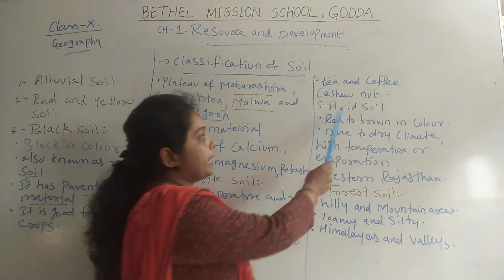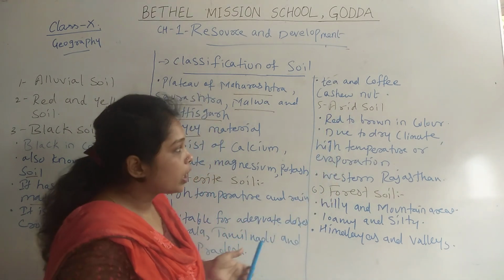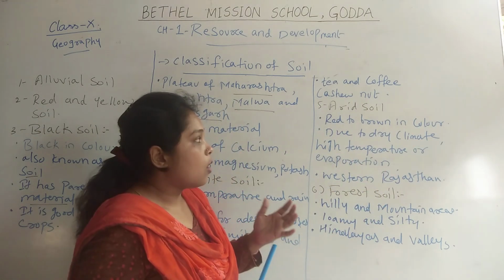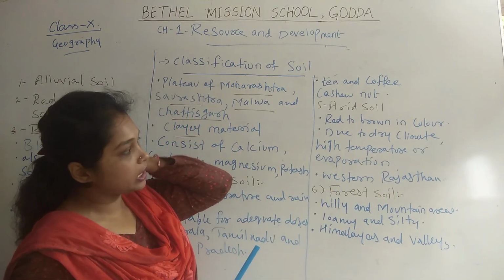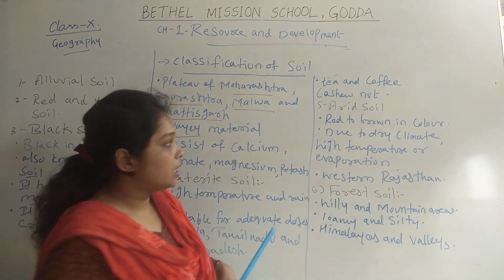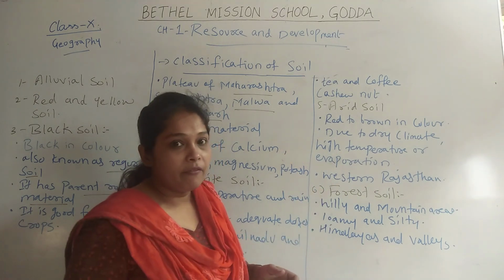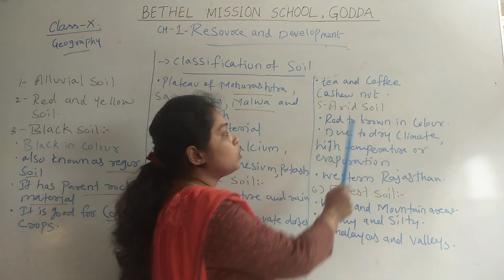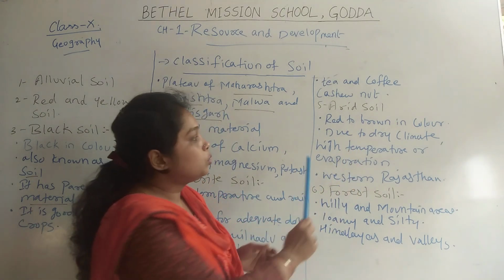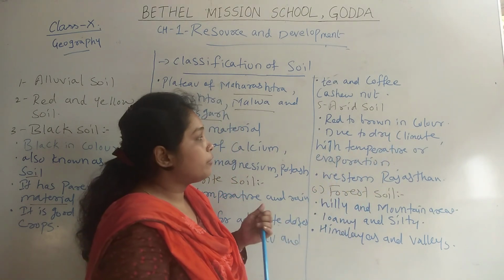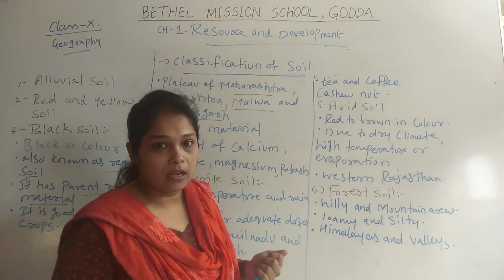Next one is arid soil. Arid soil is red to brown in color. When it has moisture, it is red in color, but when it is dehydrated, it is brown in color. Due to dry climate, high temperature or water evaporation, we can find arid soil in the area.